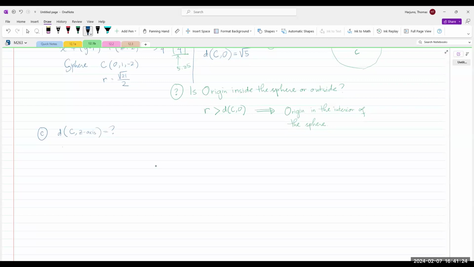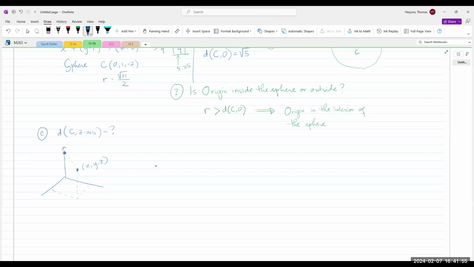Okay, so if I have a 3-dimensional coordinate C, let's say the C is somewhere here, right? Okay, let's call that x, y, z. If I want to find the distance between this coordinate x, y, z to the z-axis, we are basically looking at the distance from that x, y, z to the z-axis this way.